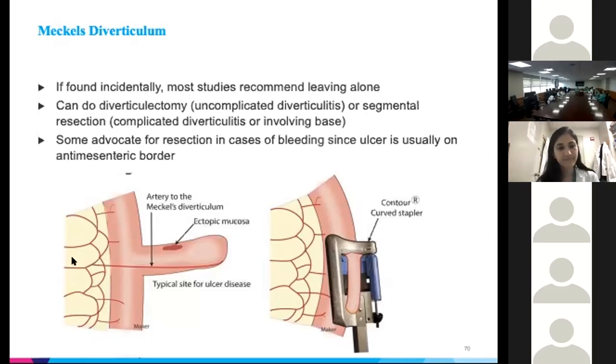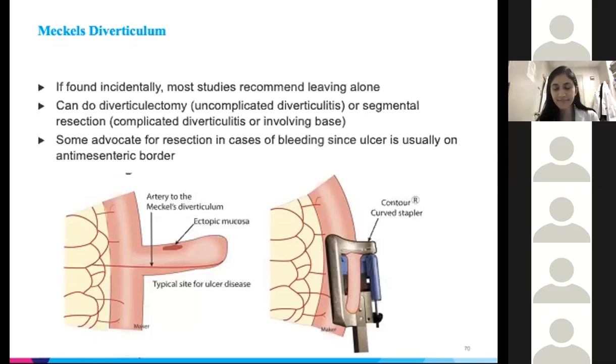Mm-hmm. And Shruti, one other thing. So obviously in pediatric surgery, we see a lot of these because if somebody's going to have ectopic gastric mucosa, it's probably going to present earlier in life rather than later in life. Most of the teaching and literature nowadays in pediatric surgery, at least, which I think goes for all of general surgery, is that the ulcer that's on that antimesenteric border is going to heal once you take away the inciting factor of the acid production.